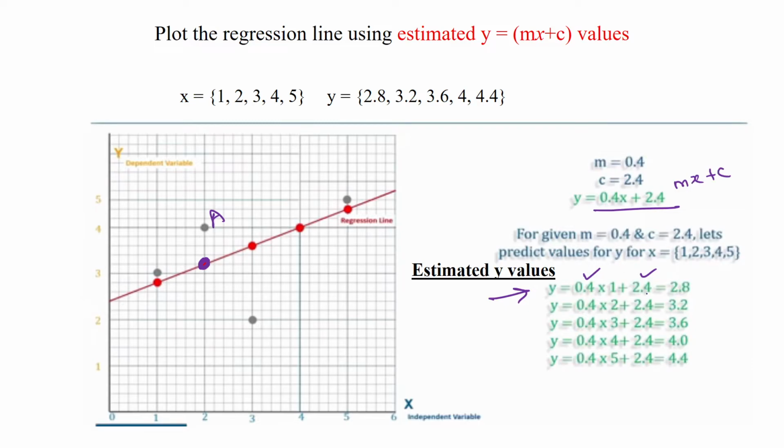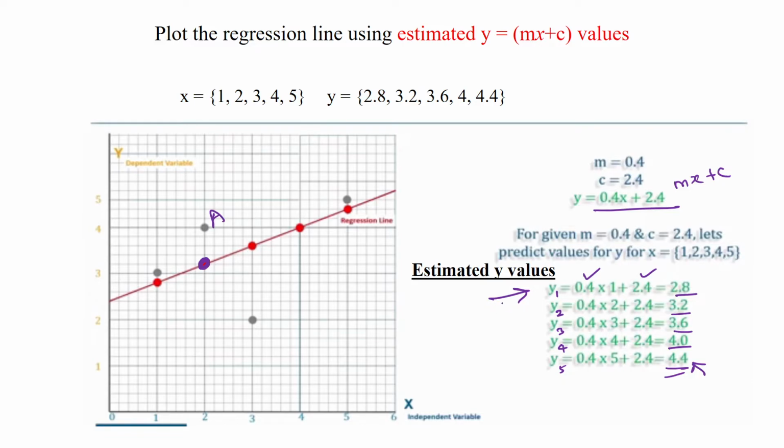When you substitute the values, you get data point 1 as 2.8, data point 2 as 3.2, data point 3 as 3.6, data point 4 as 4.0, data point 5 as 4.4. This is the predicted value we got for all 5 data points.